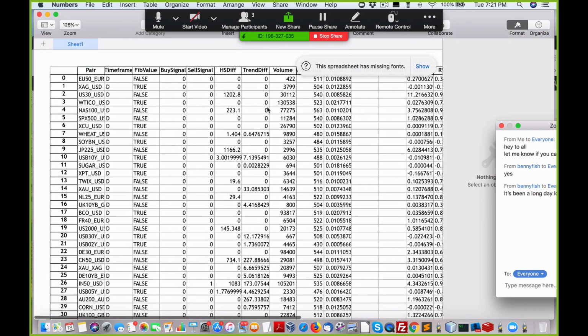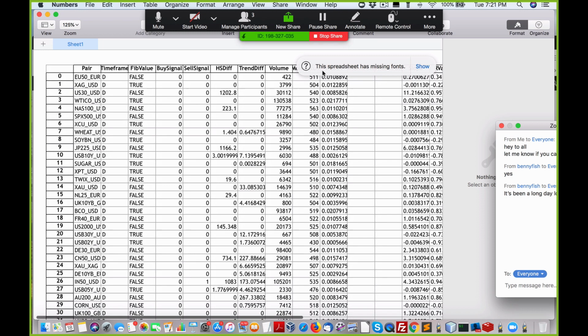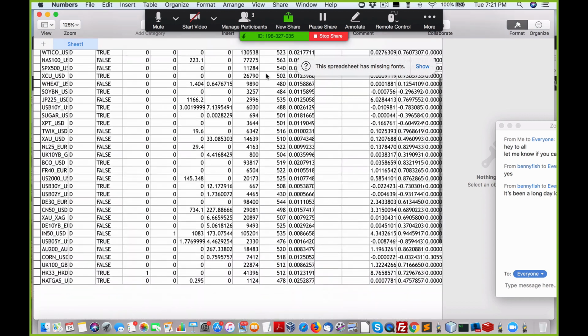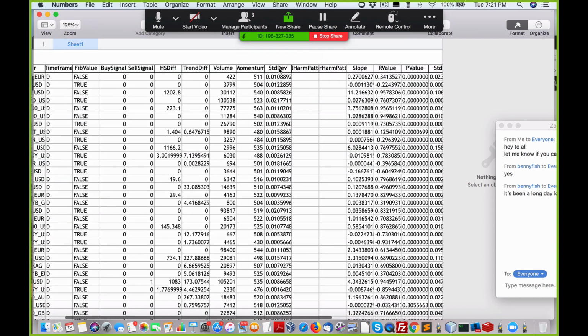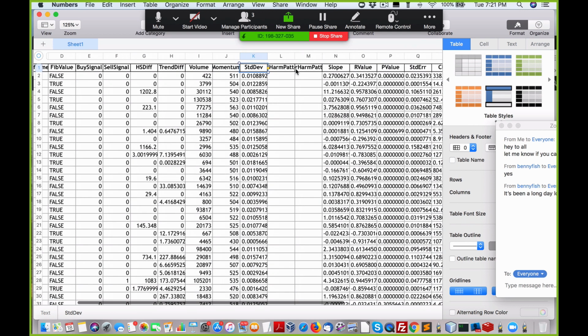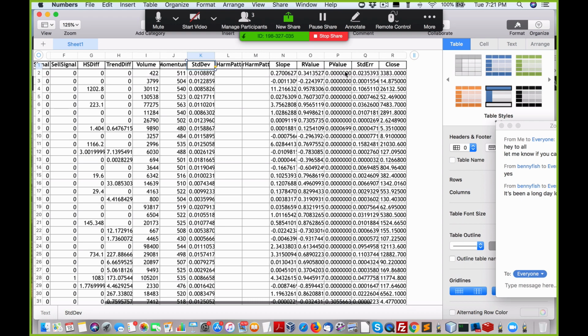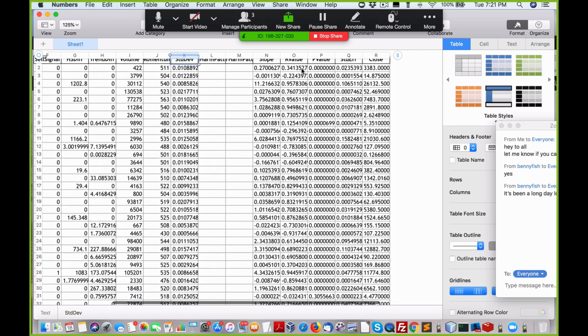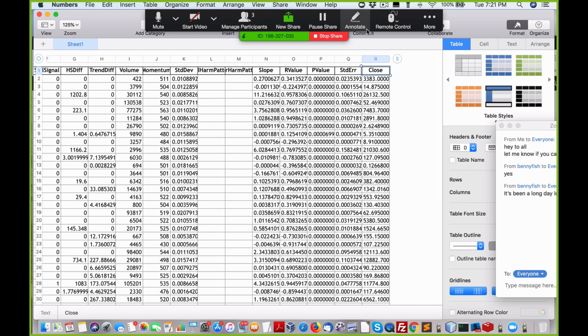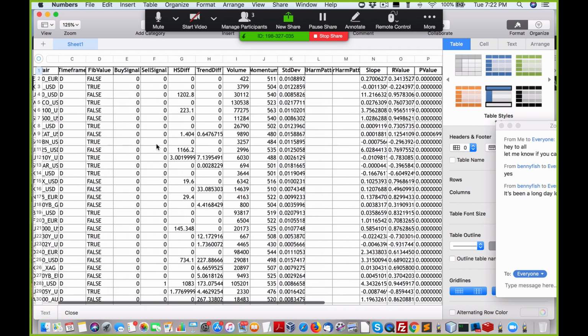I show this in the tutorial videos, but what you can get, which is pretty important, are these columns where you can sort based on volume, momentum, standard deviation for volatility. You also get some standard statistical information. Obviously, the closing price is included of the latest closing price, and some other information as well.